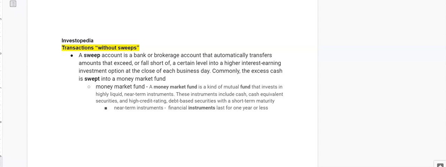So a transaction without sweeps. A sweep account is a bank or brokerage account that transfers money automatically from one account to another.